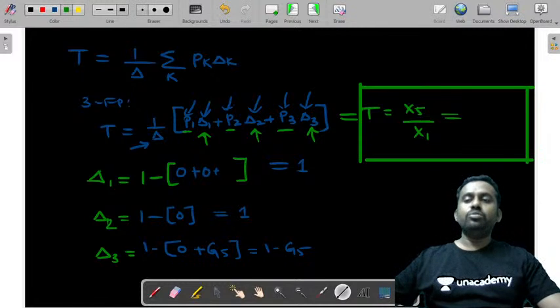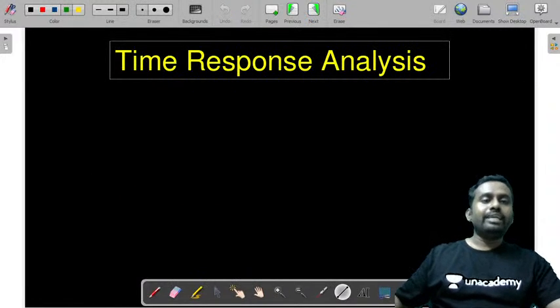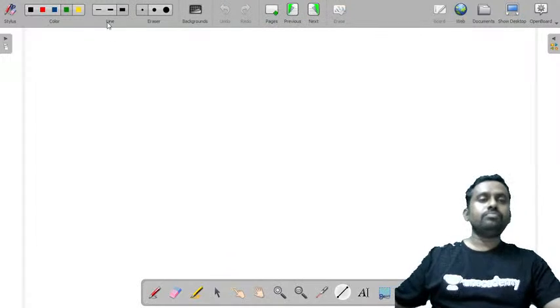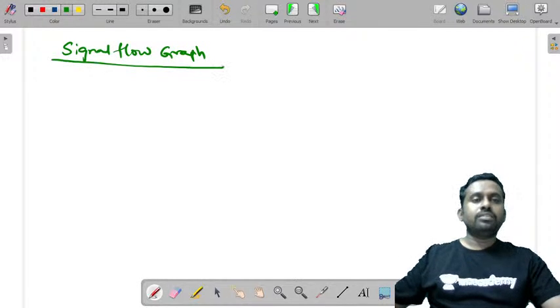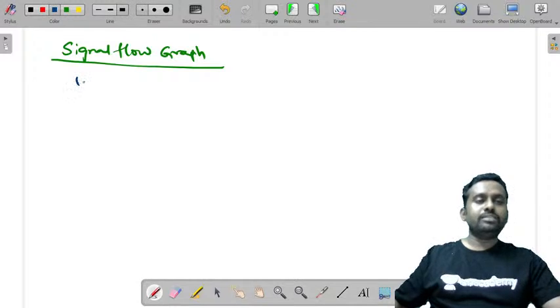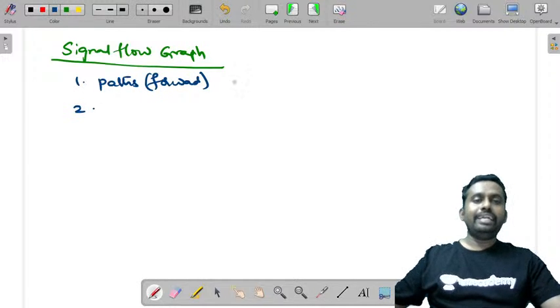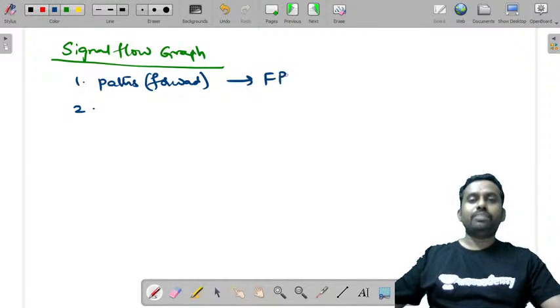I'll just review what we have done. In signal flow graph, the first step that we need to do is first identify the forward paths and write the forward path gains.